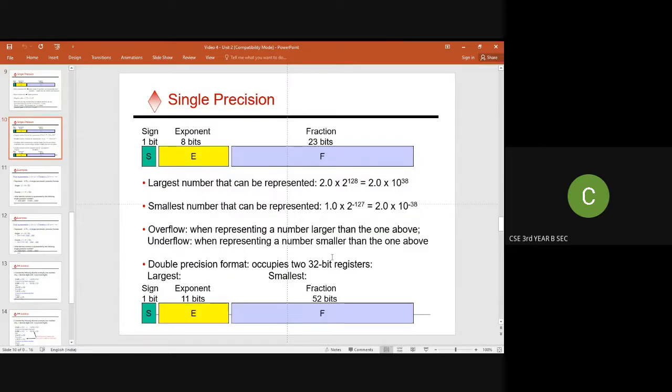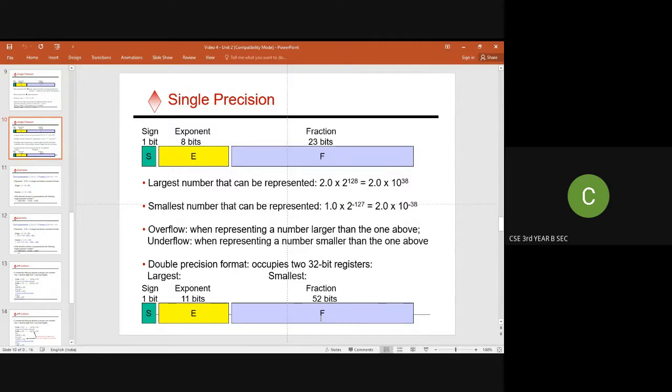the double precision method. In double precision, we use a 64-bit representation. As usual, the first bit is the sign bit, the next 11 bits store the exponent, and the remaining 52 bits are used for the fraction.